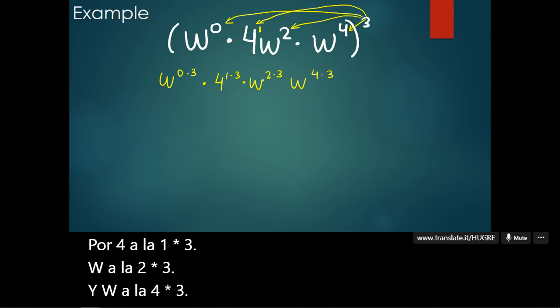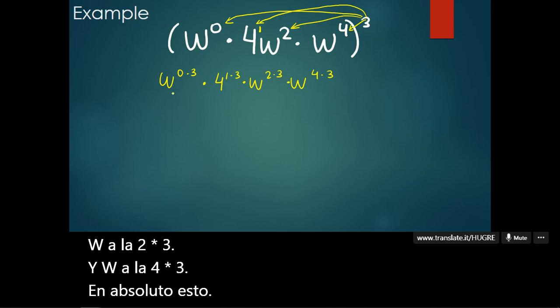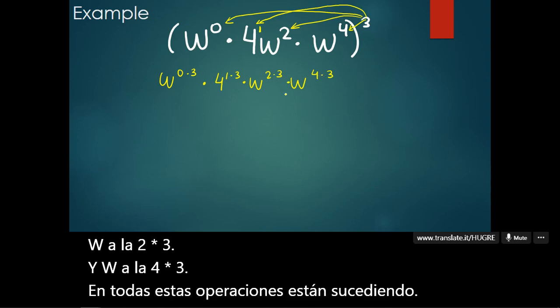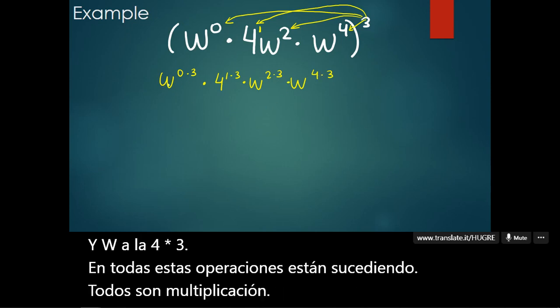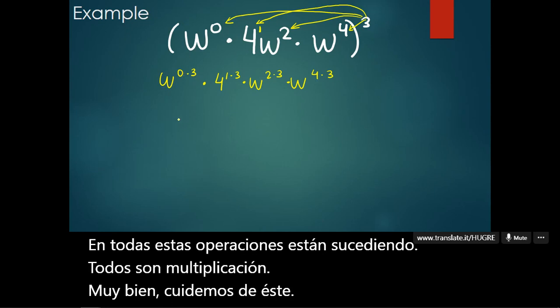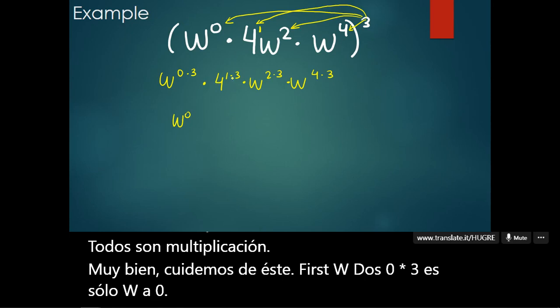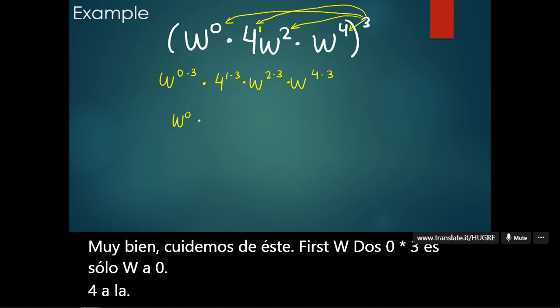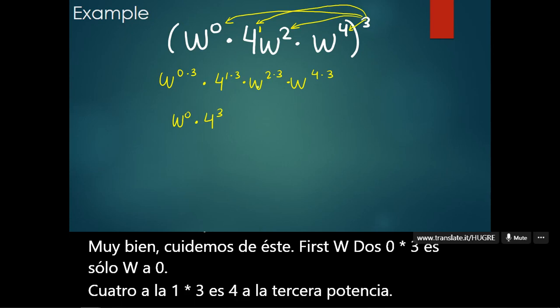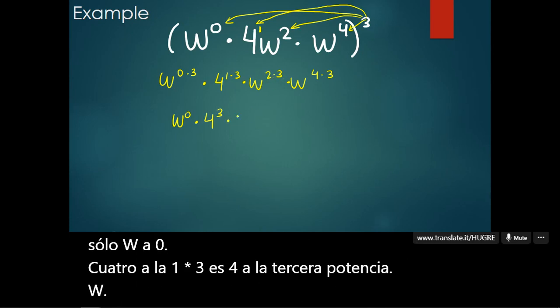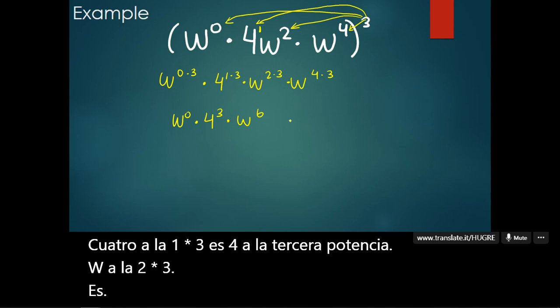All right, all these operations are happening. They're all multiplication. All right, let's take care of this one first. W to the 0 times 3 is just w to the 0. 4 to the 1 times 3 is 4 to the third power. W to the 2 times 3 is w to the sixth power.